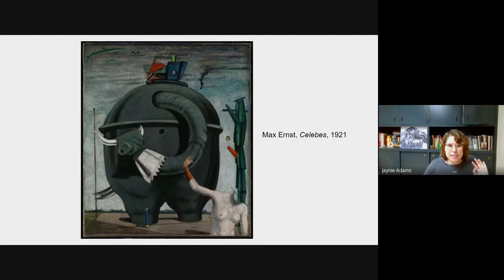You see this shape in the center that at once looks like an animal and also like a machine, thinking about the industrialization of war. And then you have this female figure that's pushed rather helplessly to the very fore of the painting and is being forced by this elephant tank in towards the audience.